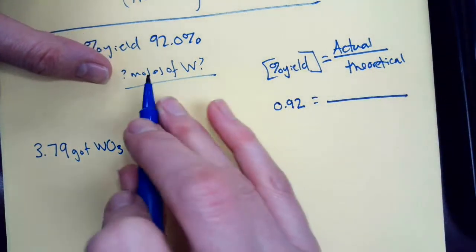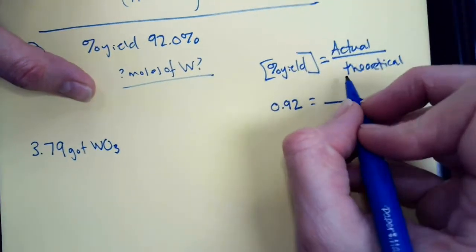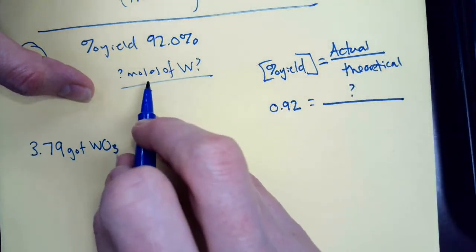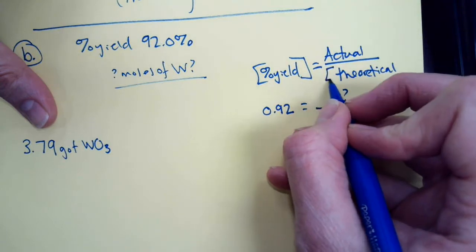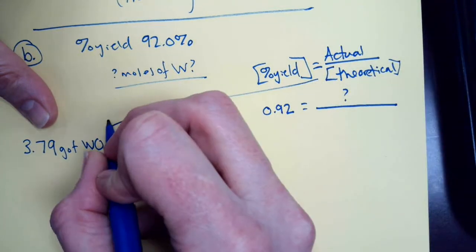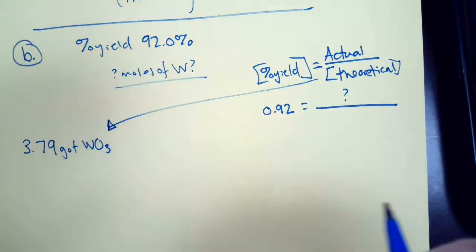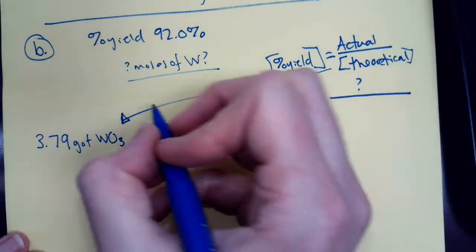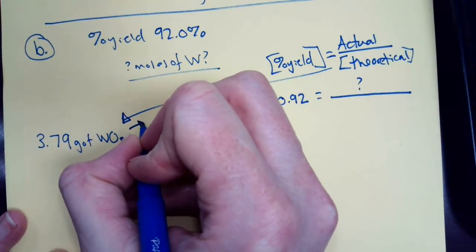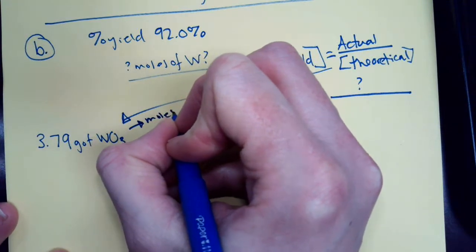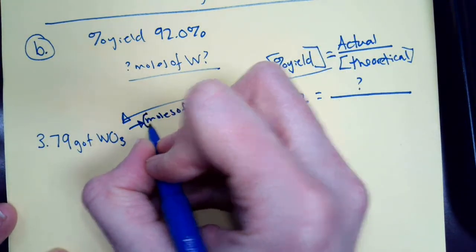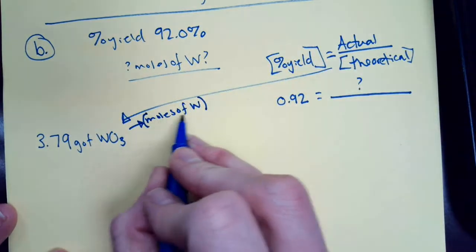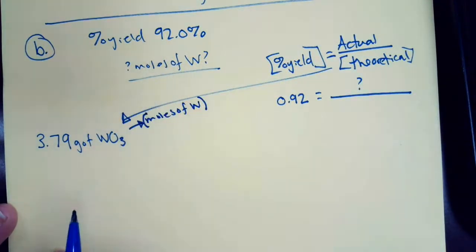I want to figure out how much actually is there. So this is what we're actually looking for to determine that. And then we need to run the theoretical through stoichiometry, which means I want to take tungsten oxide and convert it to moles of tungsten. If you wanted to, you could have converted it to grams. The reason I'm converting to moles is because that's what I'm actually looking for.